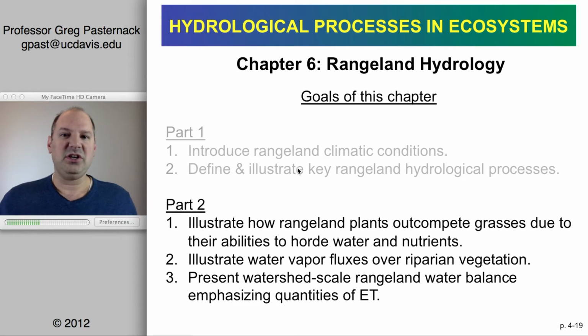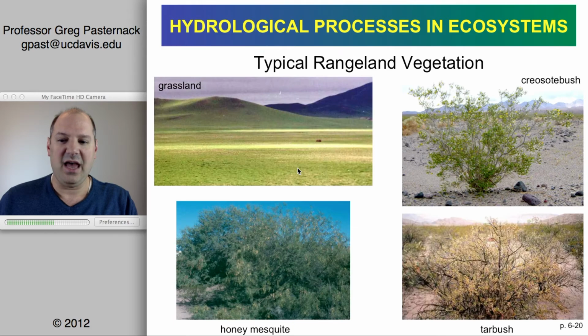So in many ways, this is going to be similar to what I did for the tropics, but now we're doing it in a very different setting, and you'll see there's very unique aspects to how the tree scale water balance plays out. When we look at the rangelands, many of us are influenced by old Western movies that we've seen, cowboy kind of movies, where you have the sort of sagebrush out there rolling around in the wind.